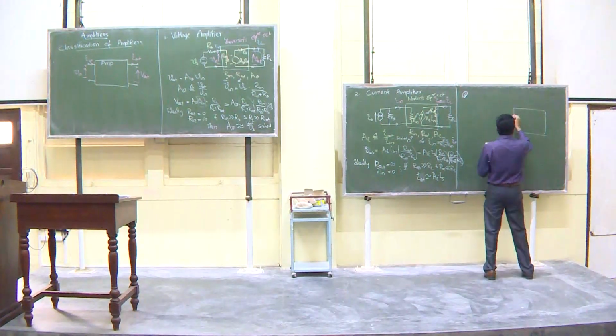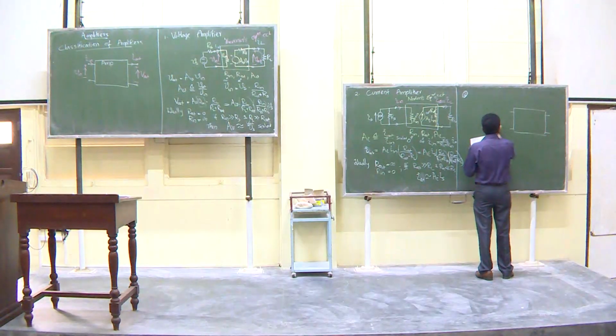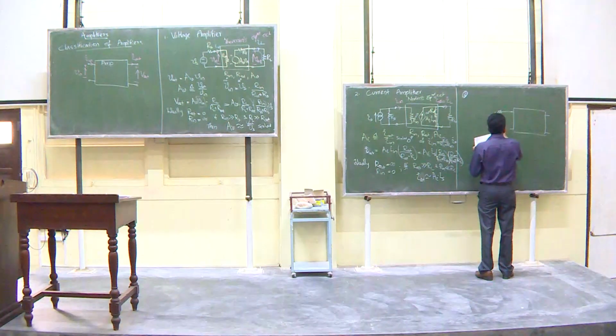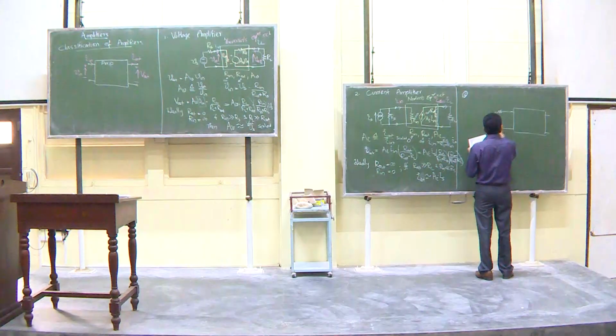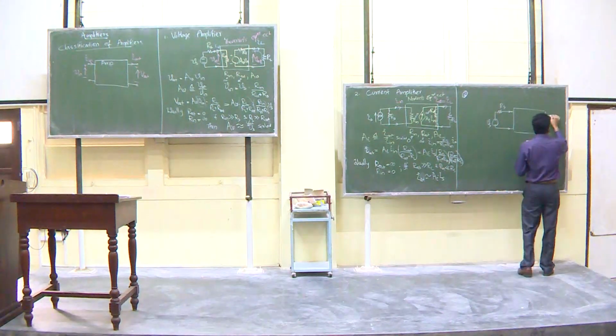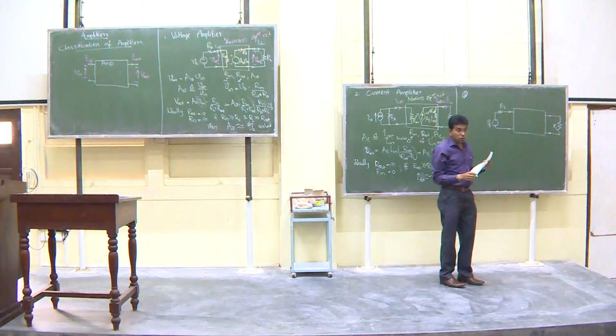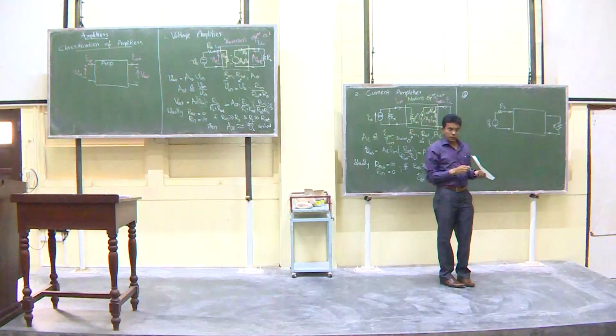But what happens if I have an input as a voltage, so that you have a Thevenin's equivalent circuit here, and the load is RL. What I want to take out is not a voltage, but a current, right?